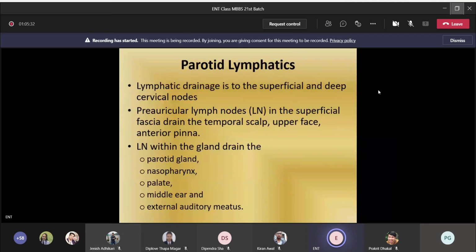So any infection or tumor may metastasize to the lymph nodes of the parotid gland.